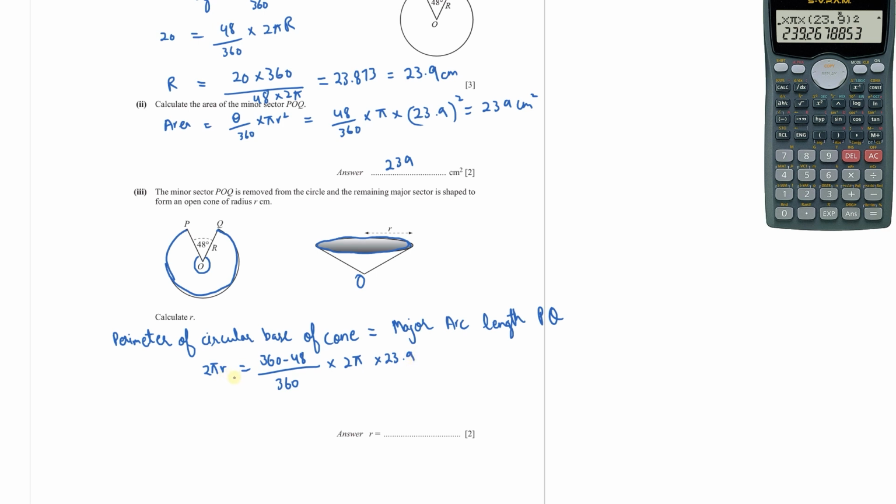So r is the only unknown here. This 2 pi and this 2 pi will cancel out. And 360 minus 48 is 312. So r will be 312 divided by 360 into 23.9.